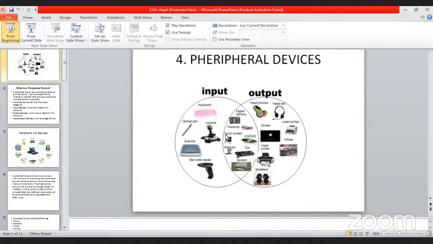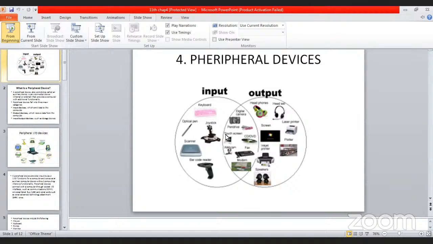Devices like keyboard, optical pen, scanner, barcode laser, joysticks, digital camera, pen drive, touch screen, headphones, as well as the printer, speakers, and inkjet printers also. So those are input as well as output devices.